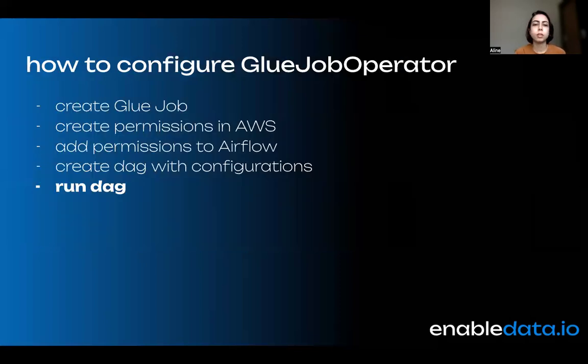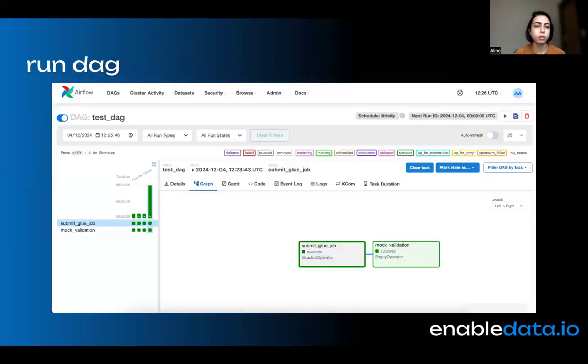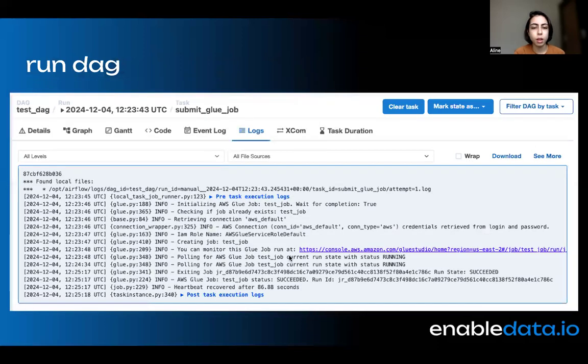After having created the job, created and added the permissions to Airflow, and created your configurations, you can actually run the DAG. So here you can see the DAG was run, and these are the logs that we can see in Airflow.